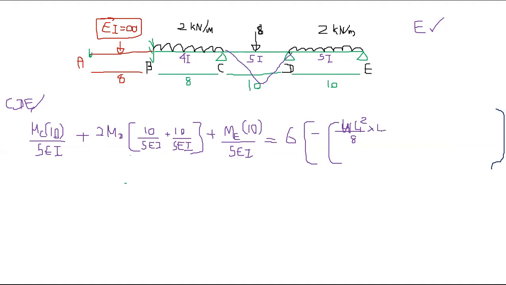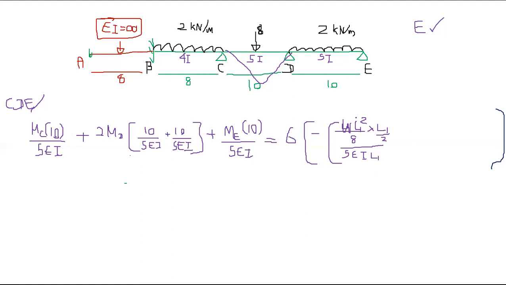So the distance to centroid is L1 over 2, divided by, so 5EI L1. And L1 is similar to L2 as well, right? So you can write the same L, okay?